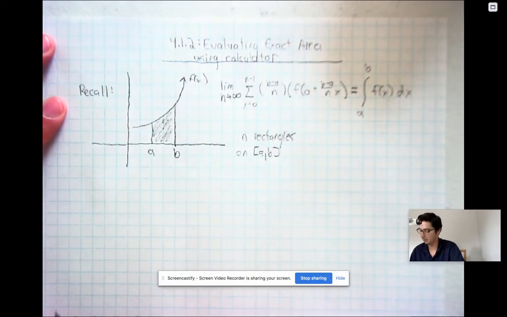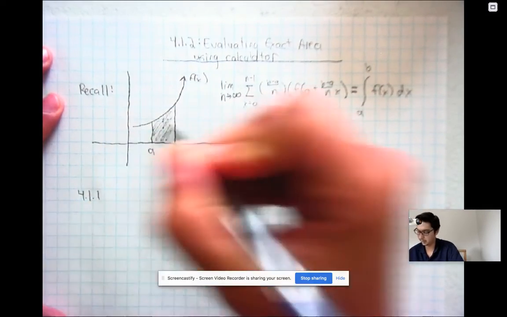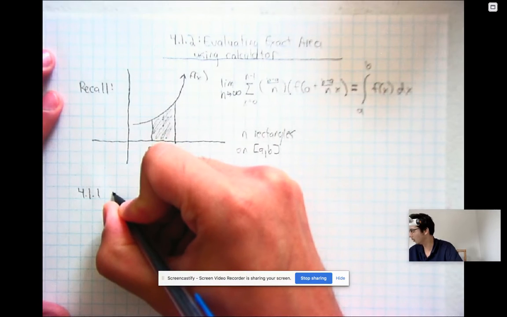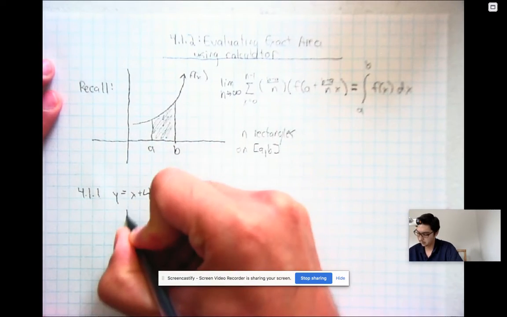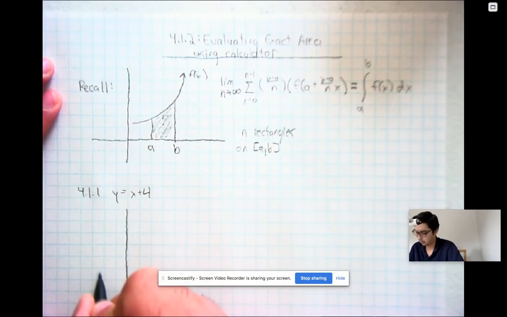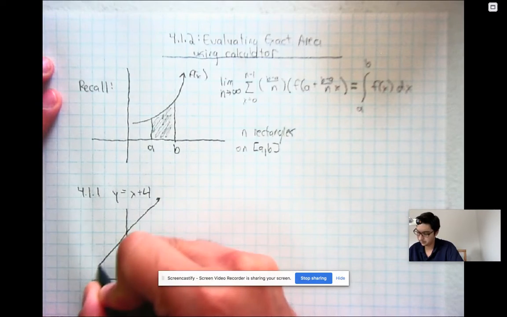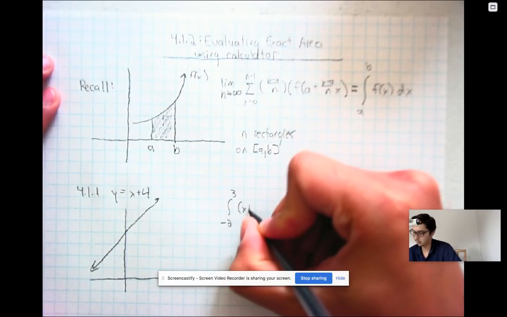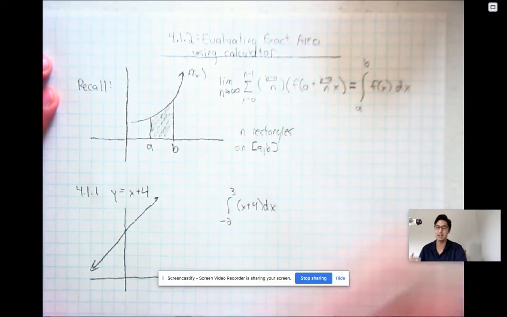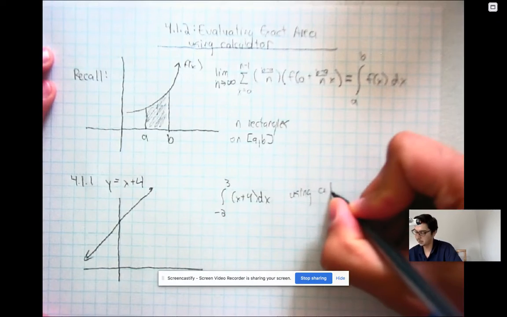Now, we looked at an example. In 4.1.1, we looked at the example y equals x plus 4, which looks something like this. We calculated the integral from -2 to 3 of x plus 4 dx, and the way we got this area was using a trapezoid.